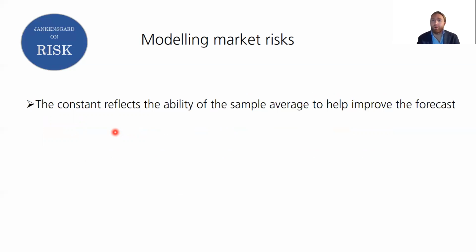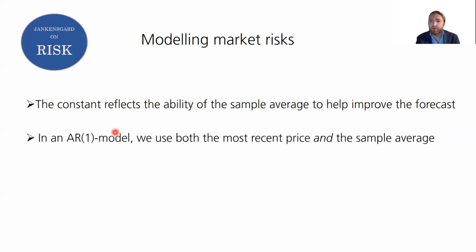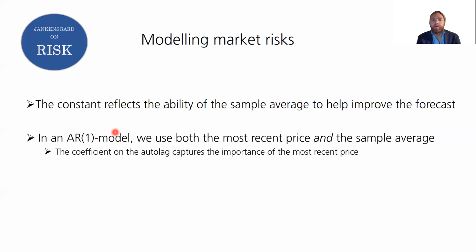It's not much because we're very close to 1, but still it signals that there's a tiny bit of improvement to be had by incorporating the average value into the forecast, because that is how the AR(1) works. It will attach some weight to the most recent price and some weight to the sample average. That's how it functions. The coefficient on the lag, its own price lagged one period, will capture the importance of the most recent price.